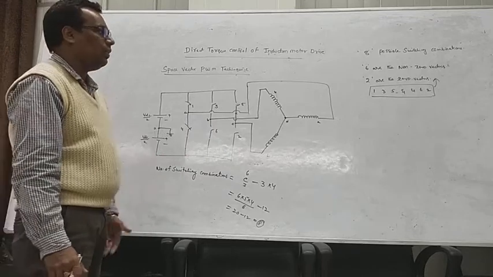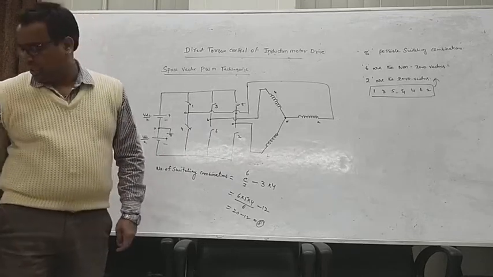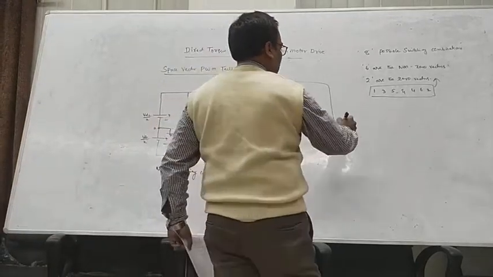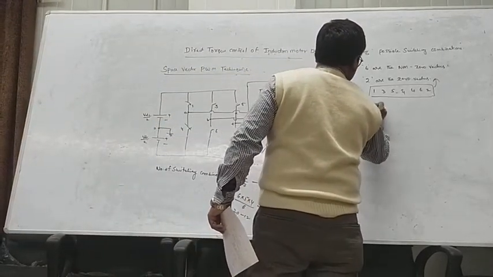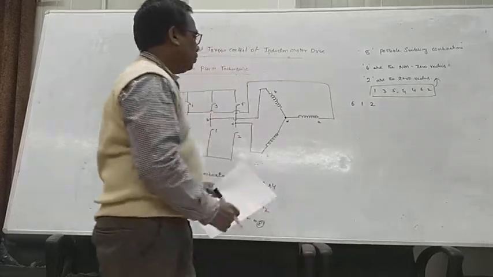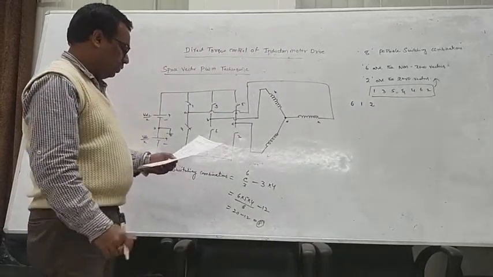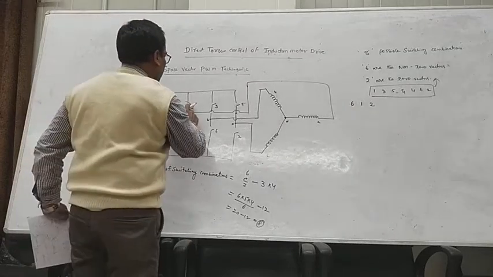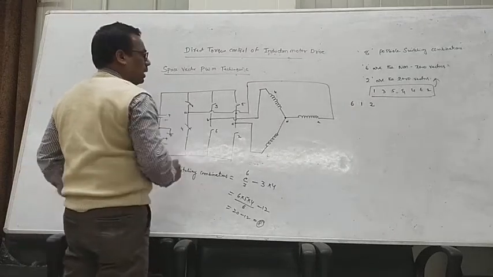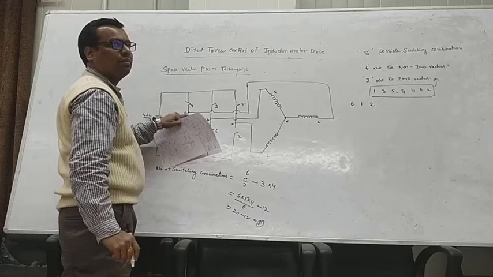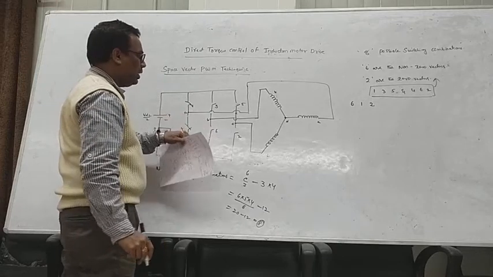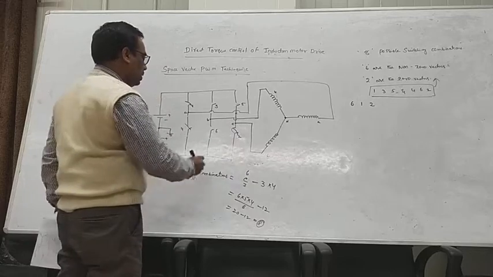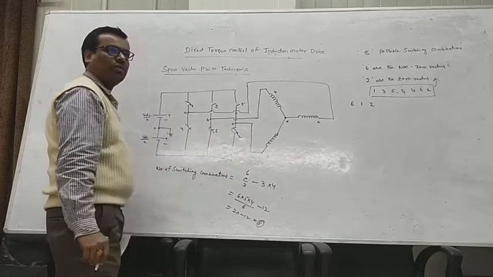Let us see the different types of non-zero vectors. For example, take the combination 6, 1, 2. So the first switch is turned on, and the second switch in the lower group and the sixth switch in the lower group also.